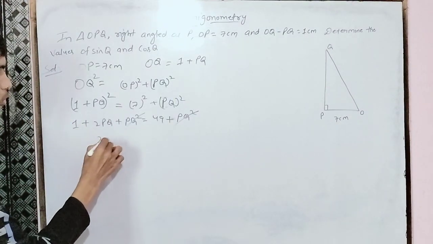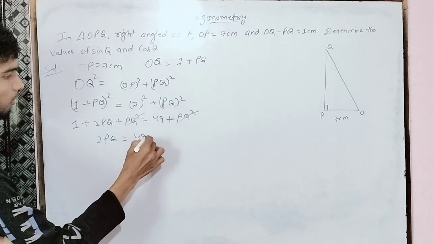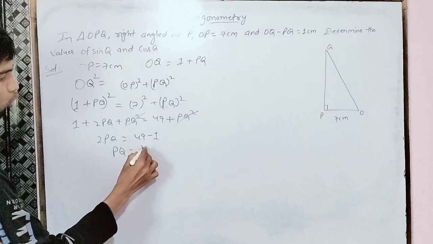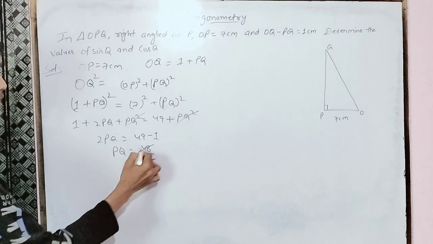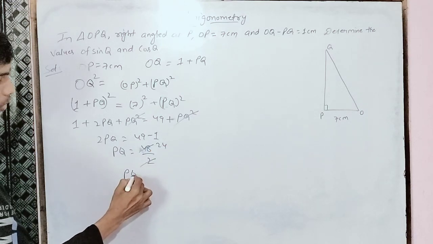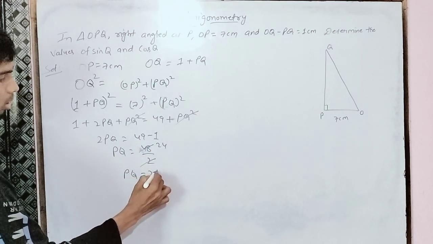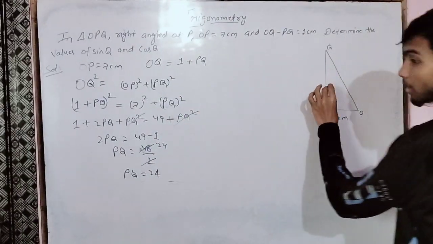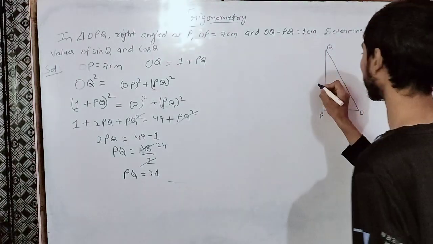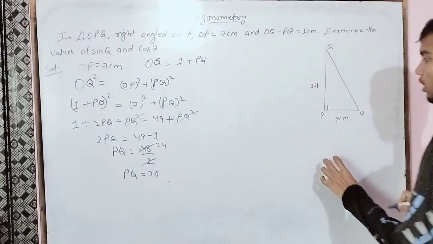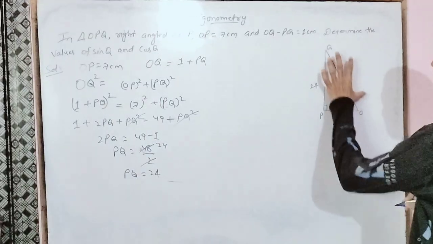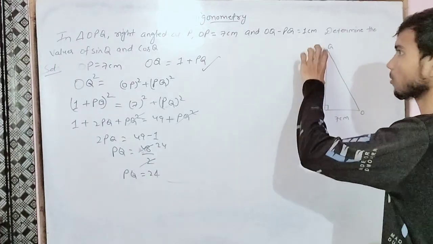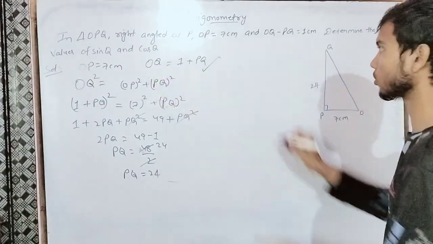Look at it. 2 PQ equals 49 minus 1, which is 48, upon 2, so 24. PQ is 24. Measure of this side is 24.